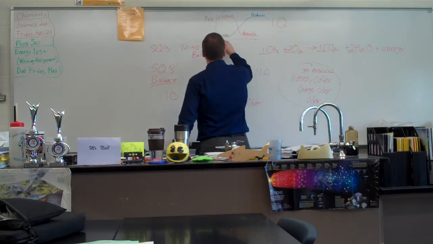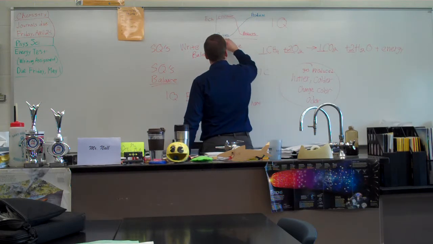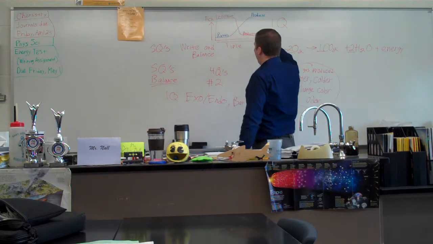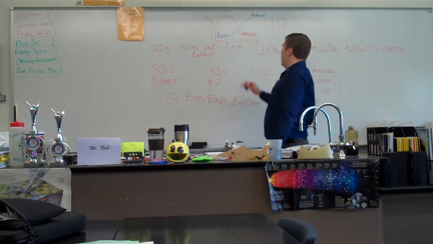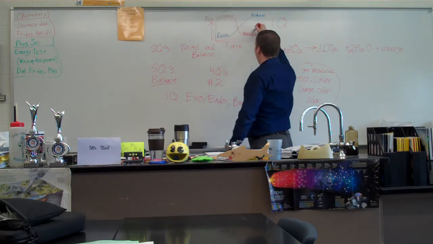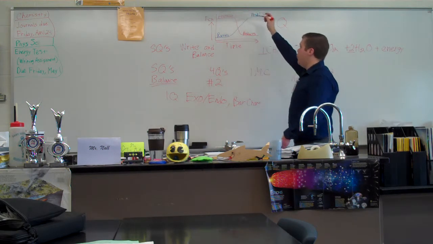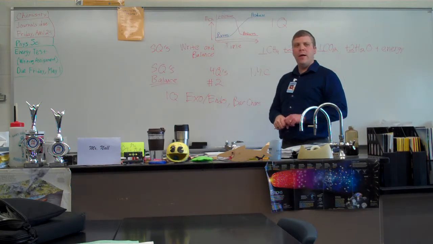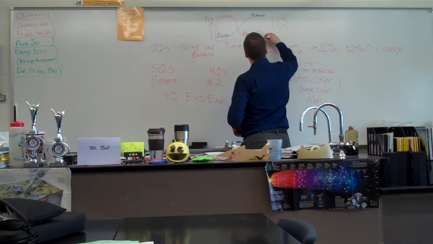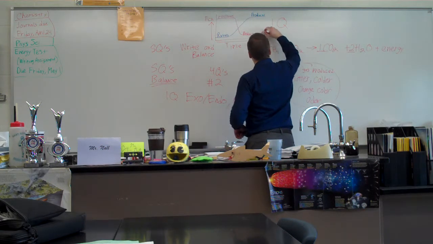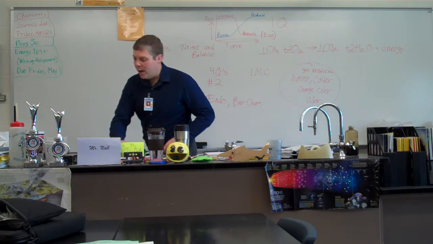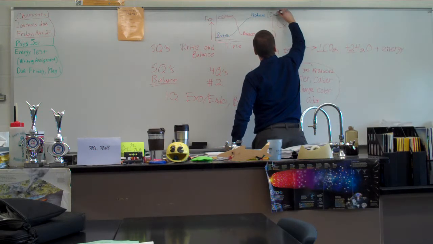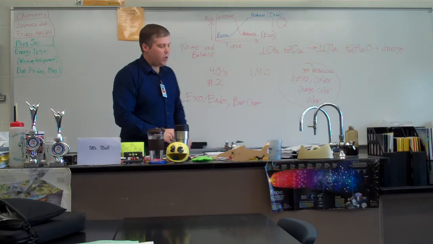This is just showing that as time goes on, what happens to the chemical energy? So reactants higher, products lower. When you have that kind of reaction where reactants are higher and products are lower in chemical energy, what kind of a reaction is that? Exo. So that means the opposite would be endothermic. Okay, so that would be endothermic.